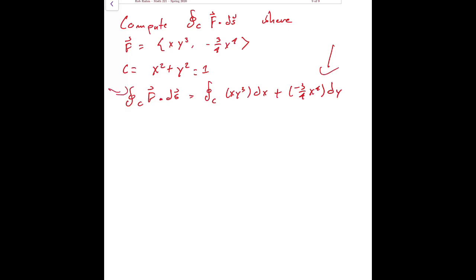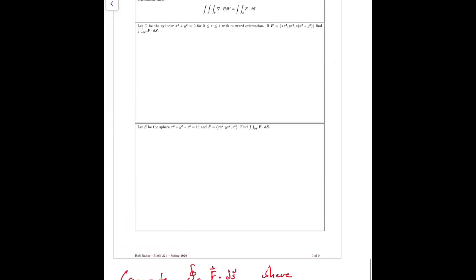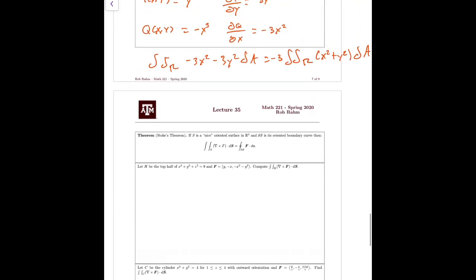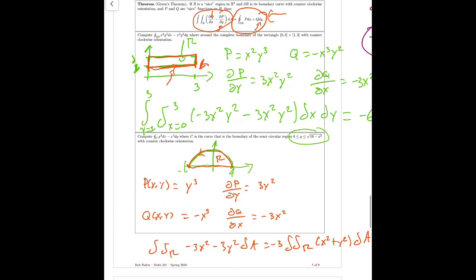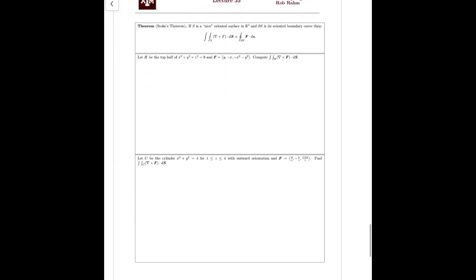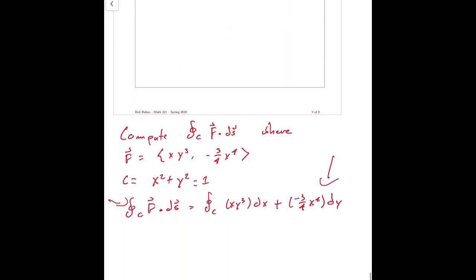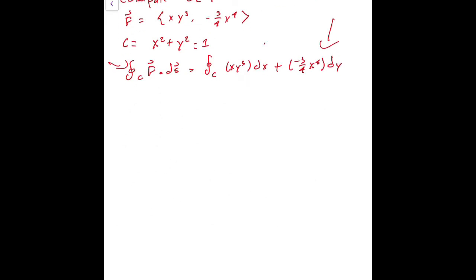So it's a circle of radius 1. So let's go back to look at what Green's theorem says. By the way, this is at the bottom of these notes. So this is what Green's theorem says. P is a thing that multiplies the dx. So this is P. P of x,y is equal to xy cubed.